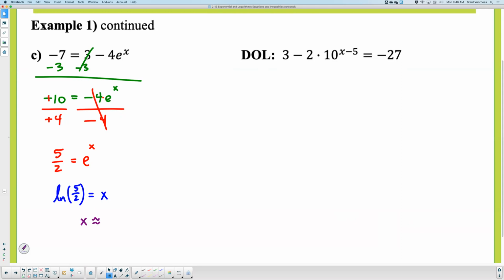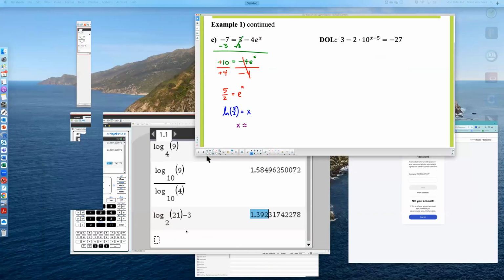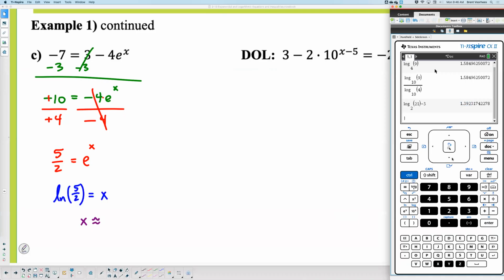We'll round that to the, again, the nearest thousandth. And so I'm going to prove to you here, log base e of 5 halves is going to be the same thing as natural log. I'll prove it to you here.